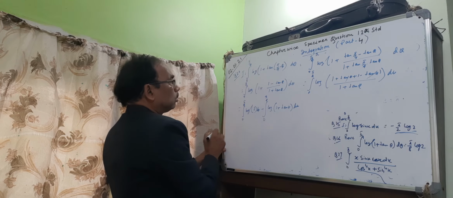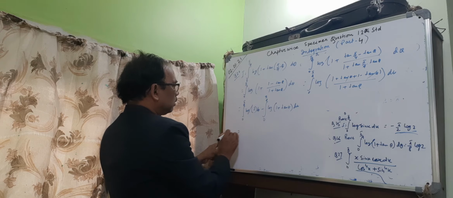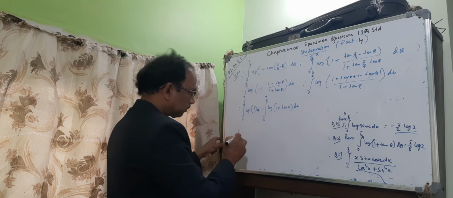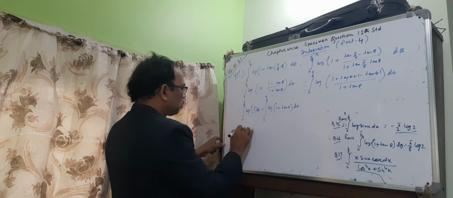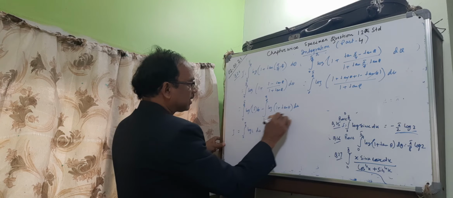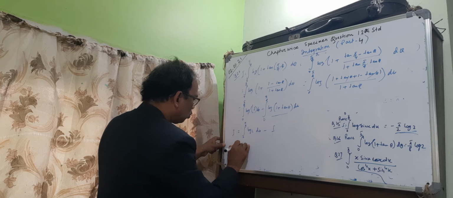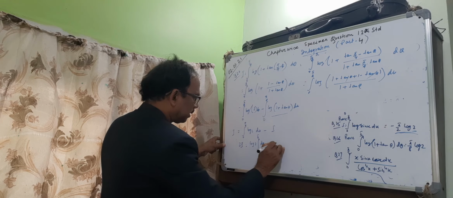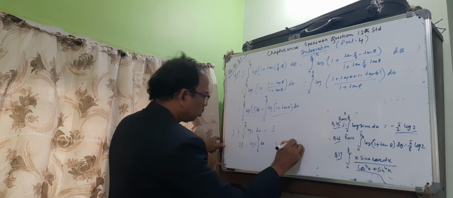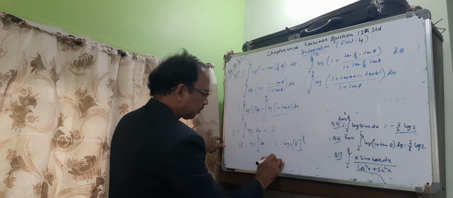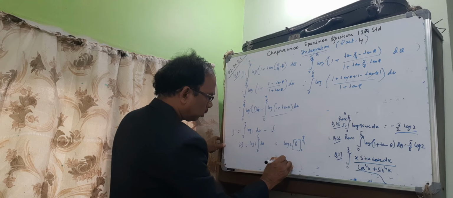That is, I equals the integral from 0 to pi by 4 of log 2 d theta minus I, since this is I. So 2I equals the integral of log 2 d theta from 0 to pi by 4, which is log 2 times theta from 0 to pi by 4, that is pi by 4 log 2.